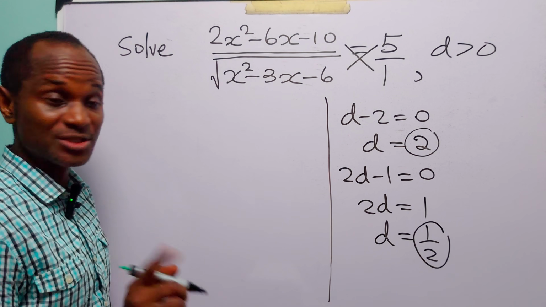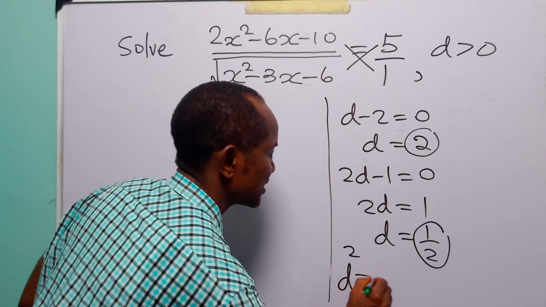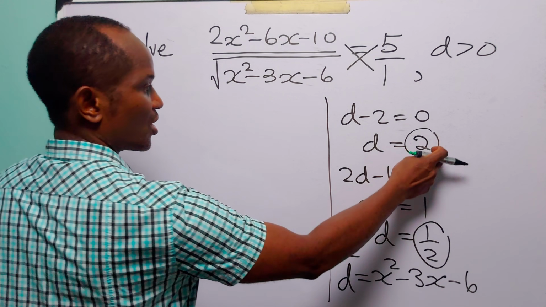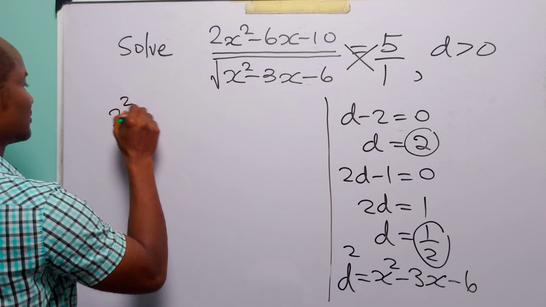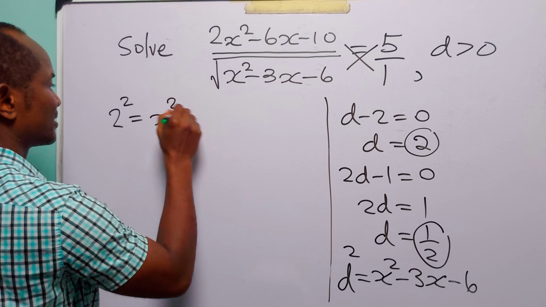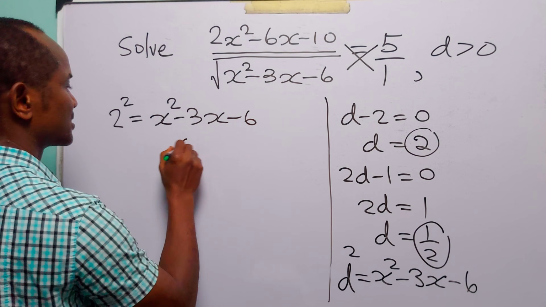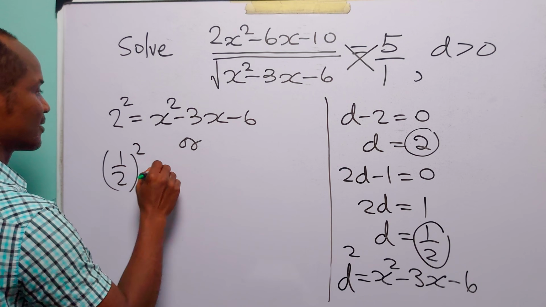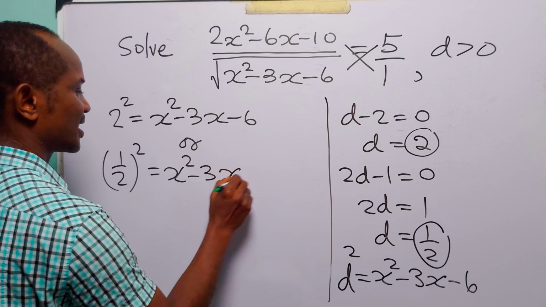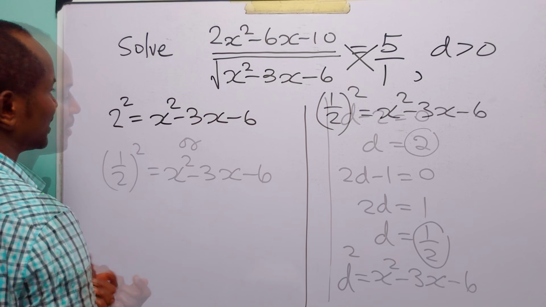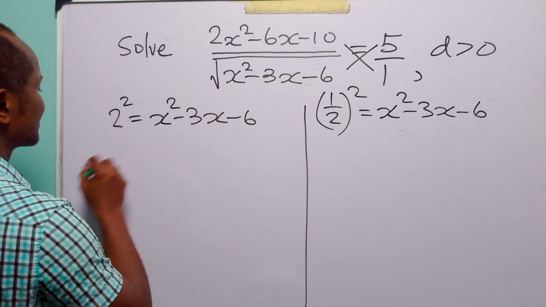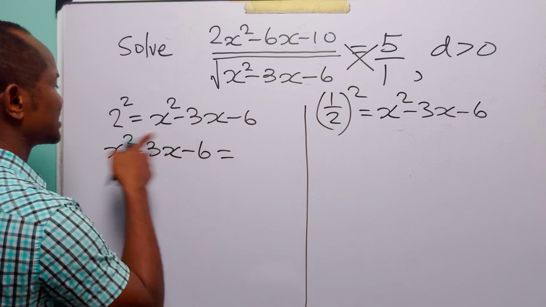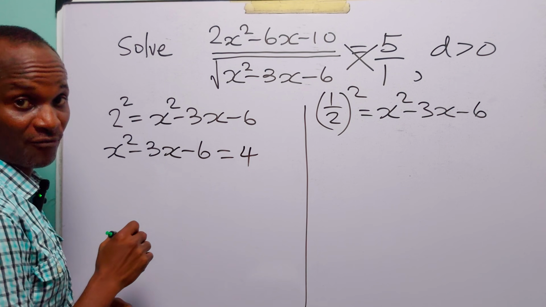Now remember that from our substitution, d squared is equal to x squared minus 3x minus 6. So in this case, we have that x squared minus 3x minus 6 is equal to 2 squared, which is 4.